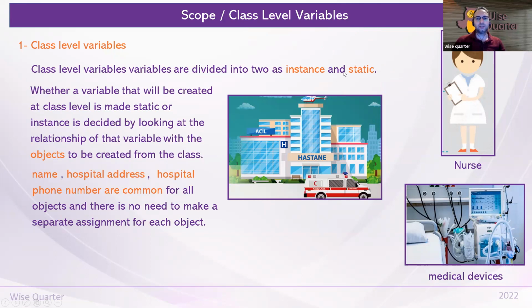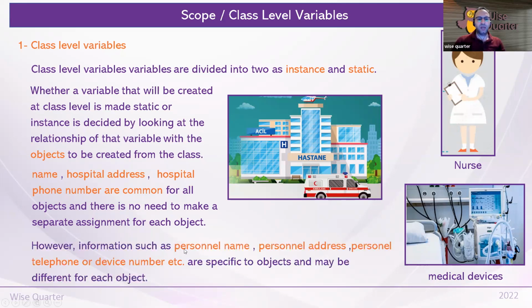They should be static variables. We are all talking about class level variables. If you make it static, there will be only one variable. But if you make it an instance variable, it will be changed for each person in this hospital.